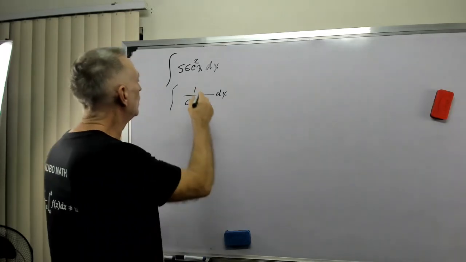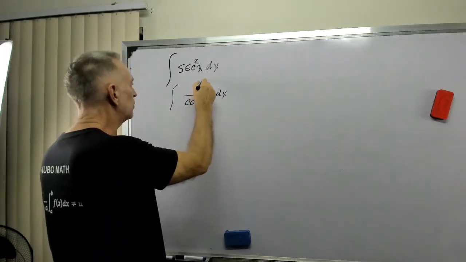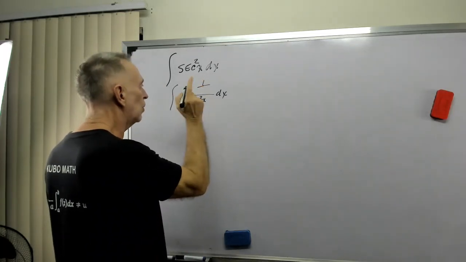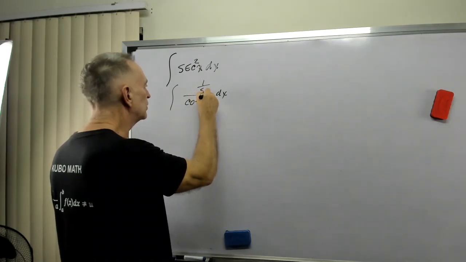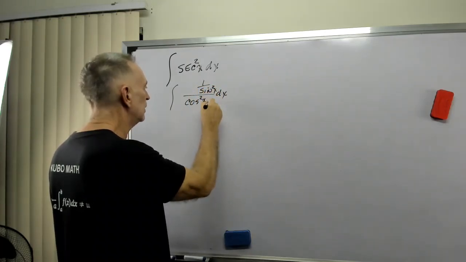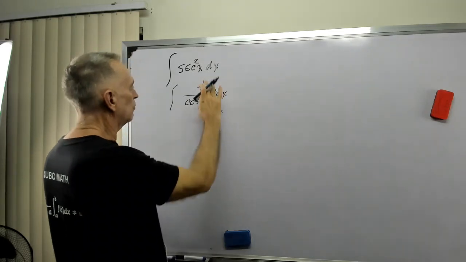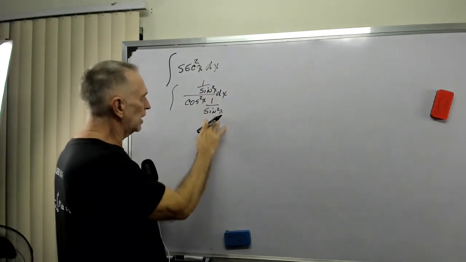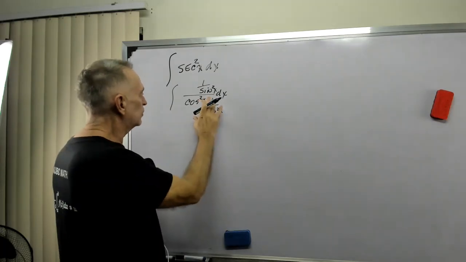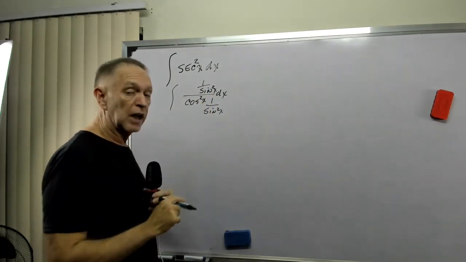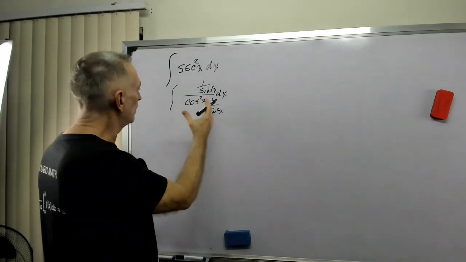So if I were to take this and multiply it by 1, which I'm going to call my 1 over sine squared x over 1 over sine squared x, that's just multiplying 1 over cosine squared x times 1.